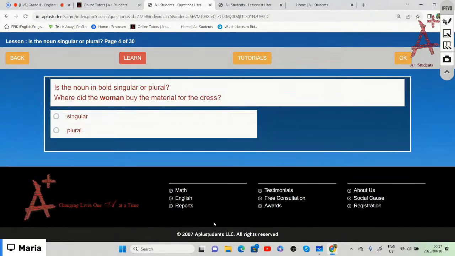Where did the woman buy the material for the dress? Woman, so this means singular, right? And the plural form is women with an E.